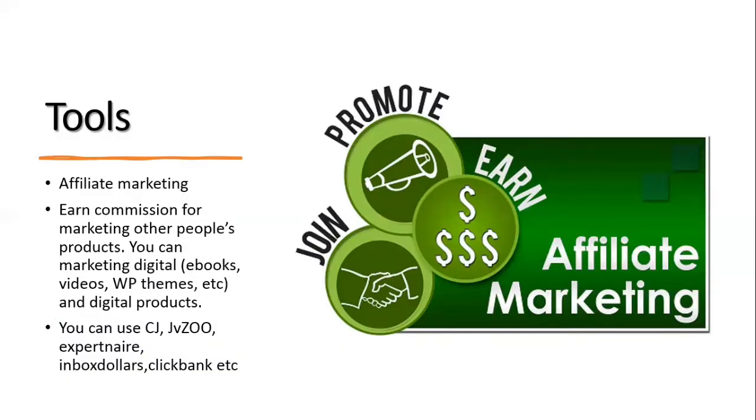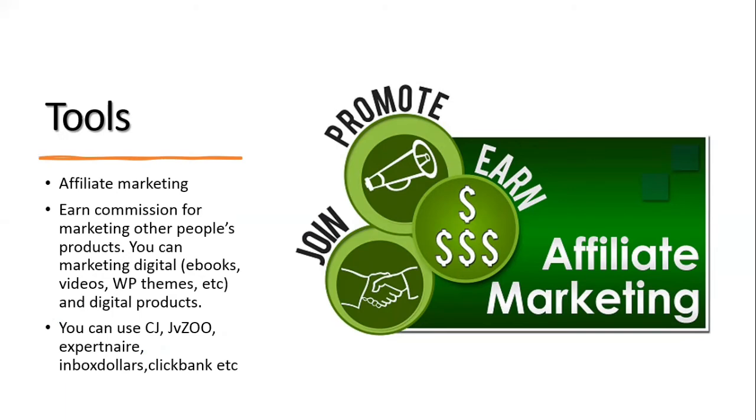Affiliate marketing. This is one of the digital marketing tools that have made a lot of people rich in 2022. Affiliate marketing is a way to earn commission for selling other people's products.